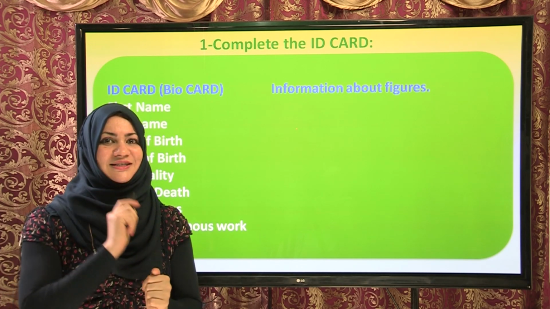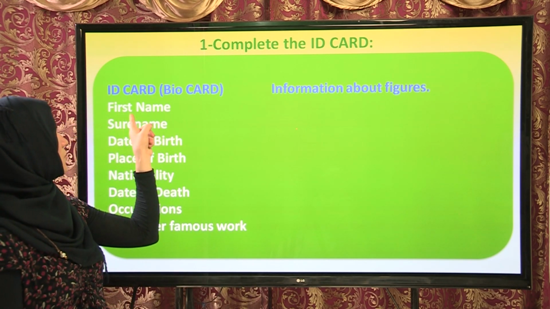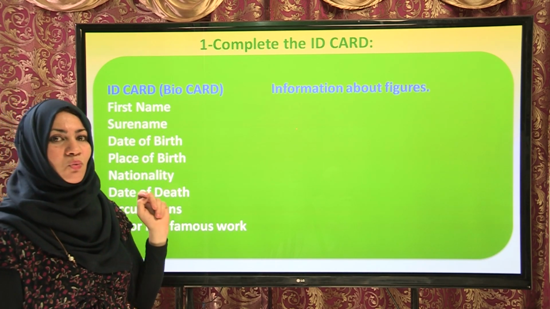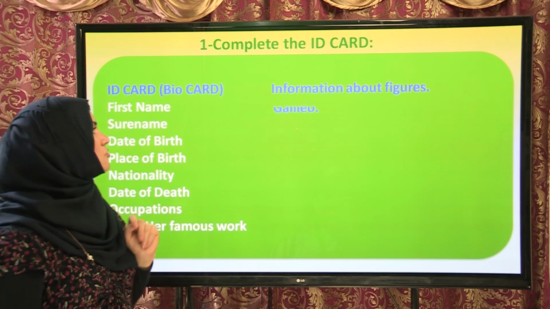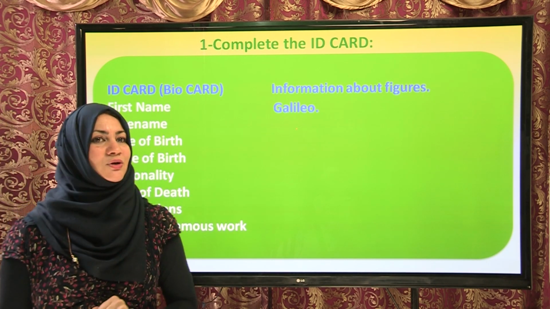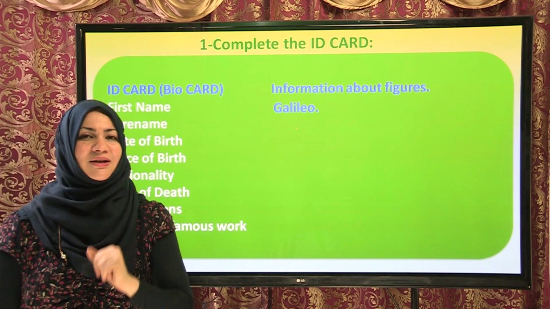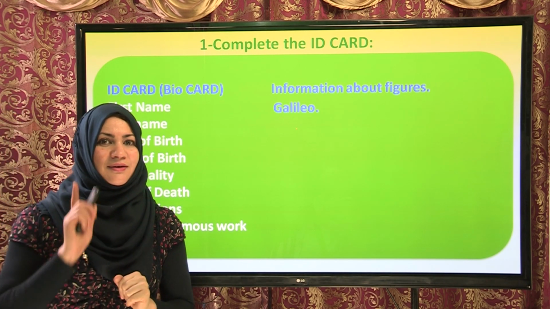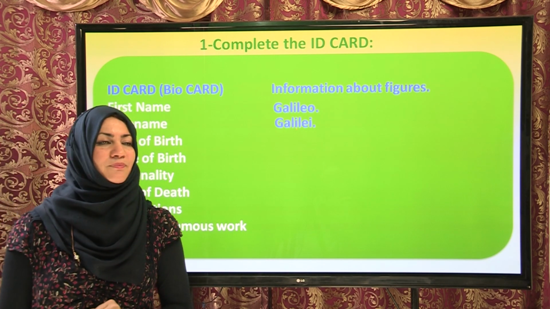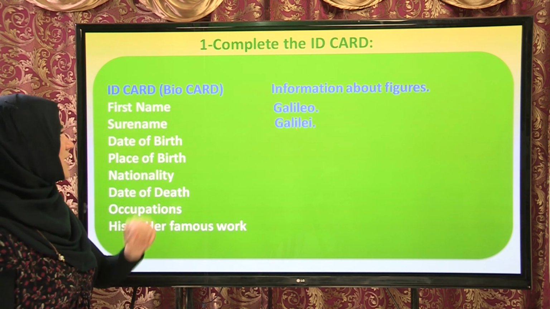We start. Who was the person that we have talked about? His first name was, very good, Galileo. Surname or family name? Good, Galilei. Then we move to date of birth.